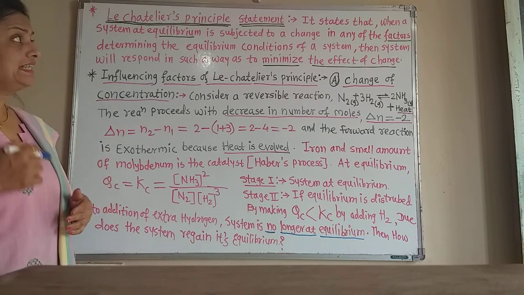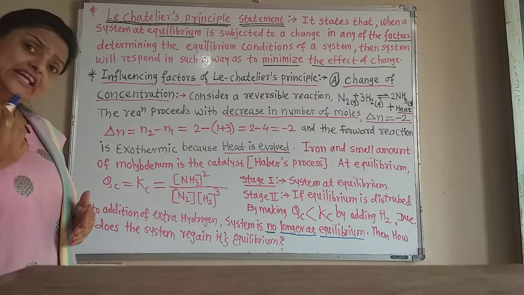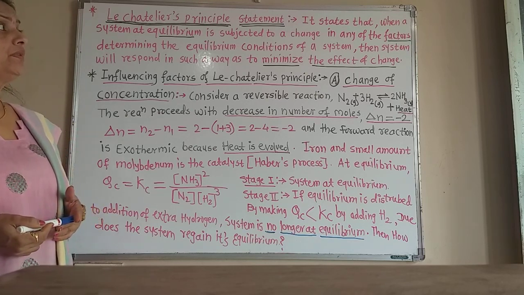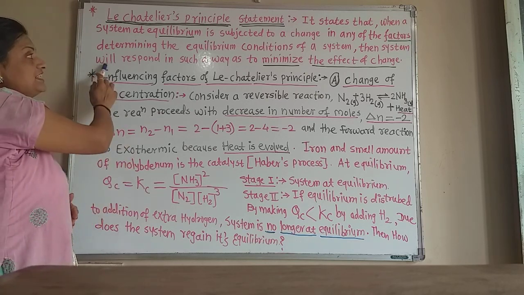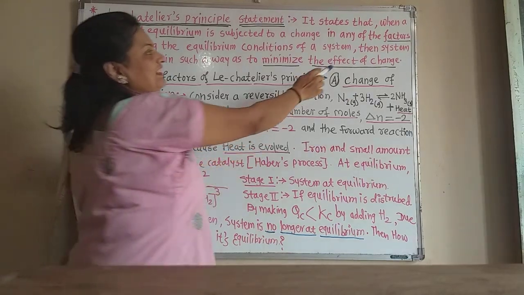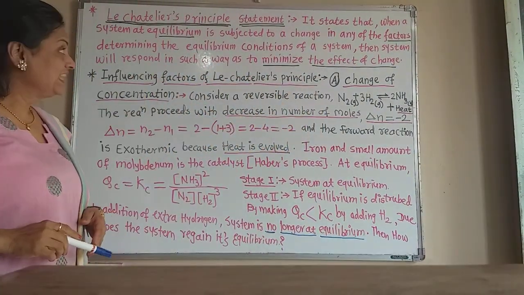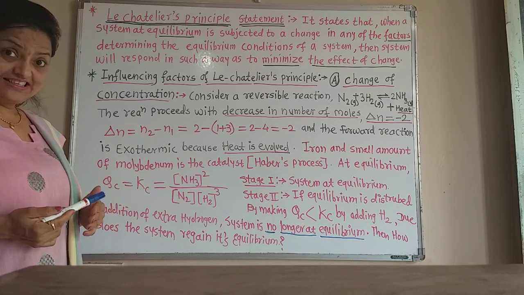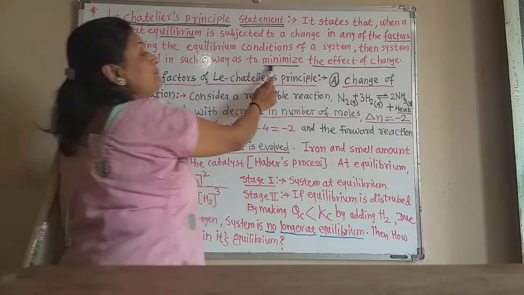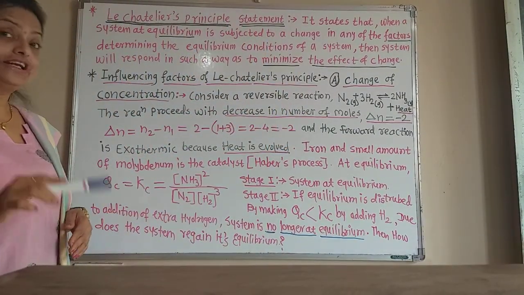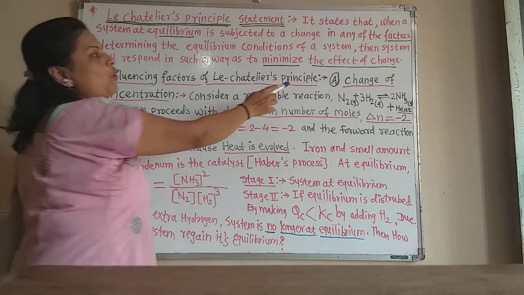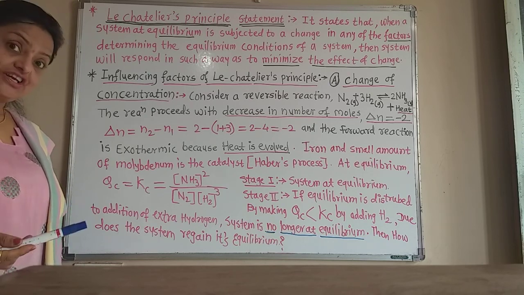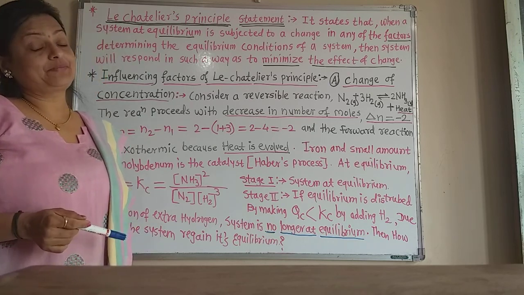If any one of these factors is subjected to a change during equilibrium, then the system will respond in such a direction as to minimize, reduce or nullify the effect of the change. That means the effect of a change of pressure, temperature, concentration, etc.